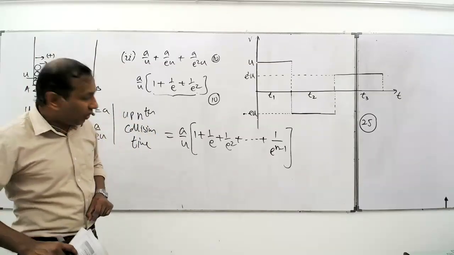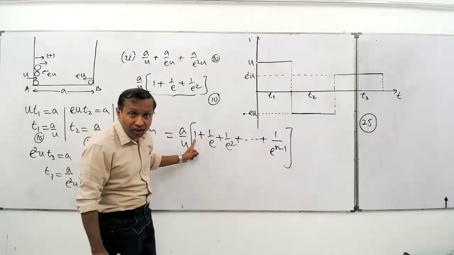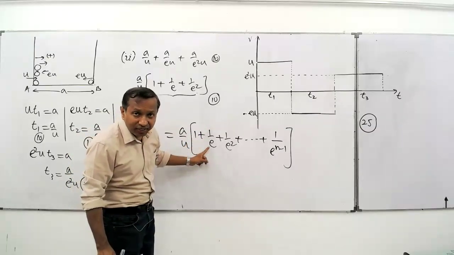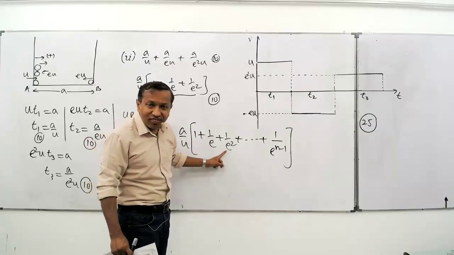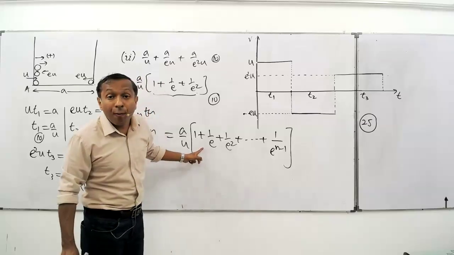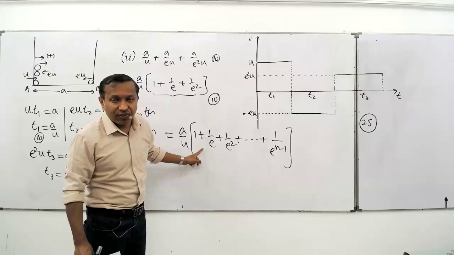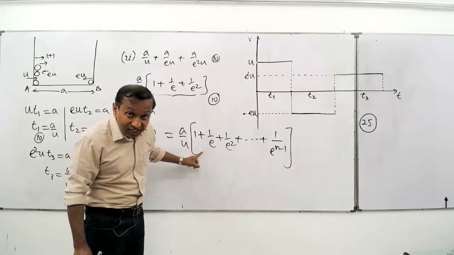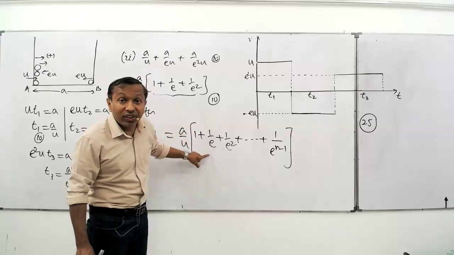All right. Now can you see here? Multiplying 1 by 1 over e, we get this term. Multiplying 1 over e by again 1 over e, we get this. What is this? This is a geometric progression, it is called a series now. First term 1 and common ratio 1 over e.